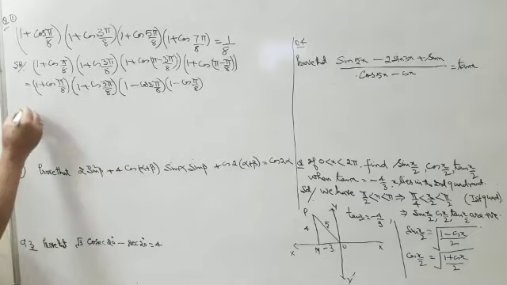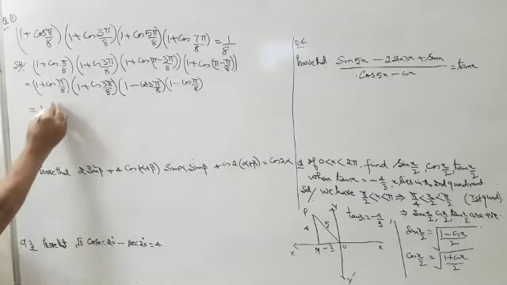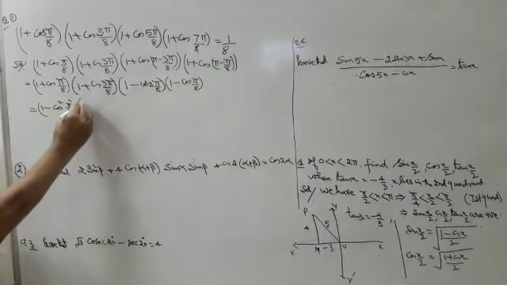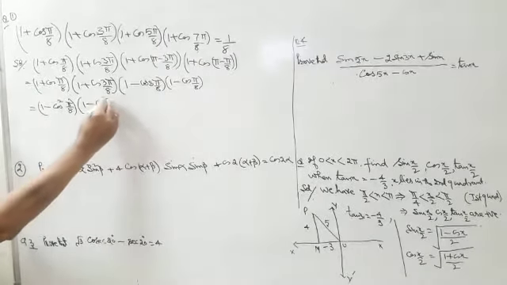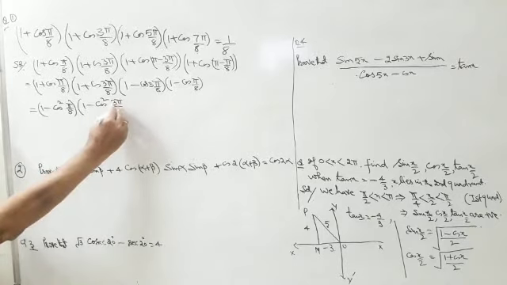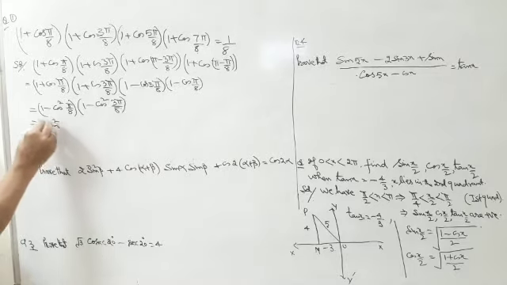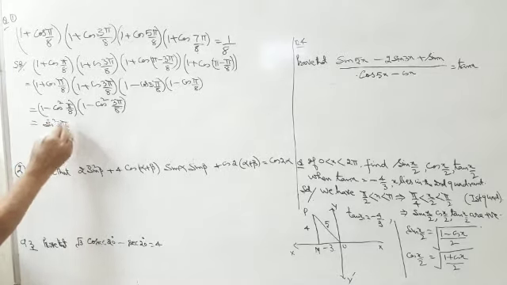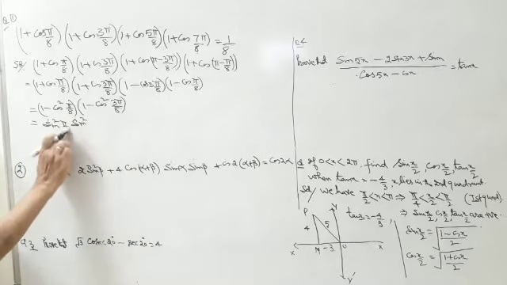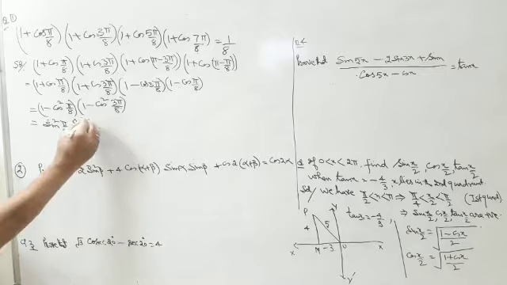And this gives 1 minus cos square pi by 8, and 1 minus cos square 3 pi by 8. Therefore, it becomes sine square of pi by 8 and sine square of 3 pi by 8.